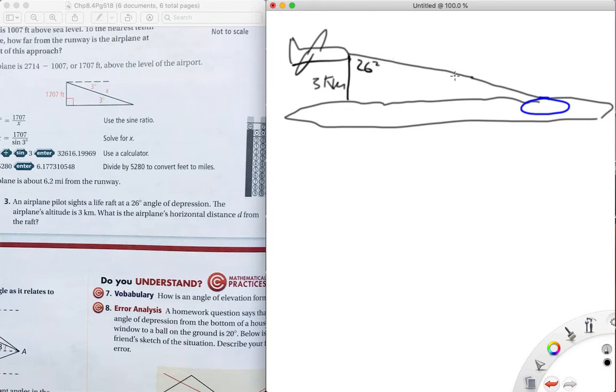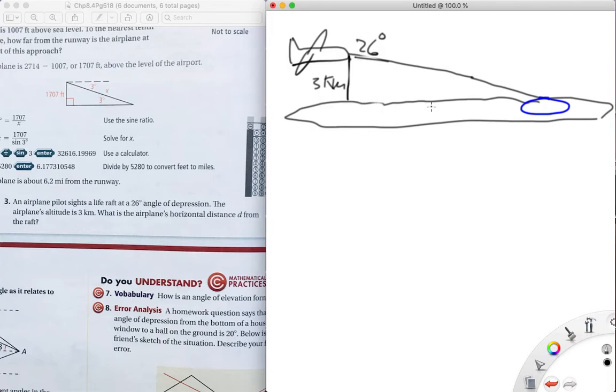It's looking down. Oh, I'm sorry, that's wrong. 26 out here. Looking down. And the person's line of sight looking up. What is the plane's horizontal distance d from the raft?